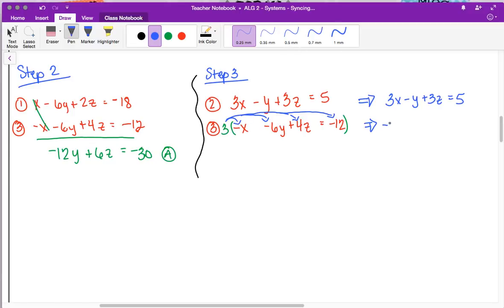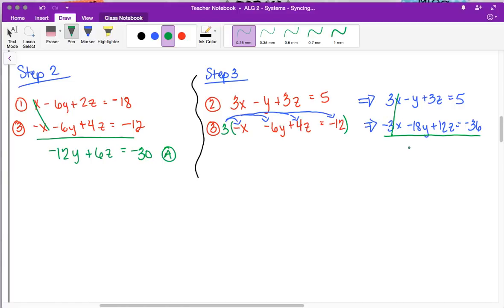And don't forget that you have to multiply it by everything you have. So that will be a negative 3x. 3 times negative 6 is a negative 18y. 3 times 4 is a positive 12z equals 3 times 12 is 36. That'll be a negative 36. Now I can add these two equations together and eliminate my x's.